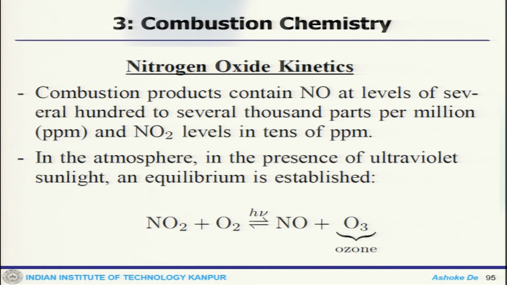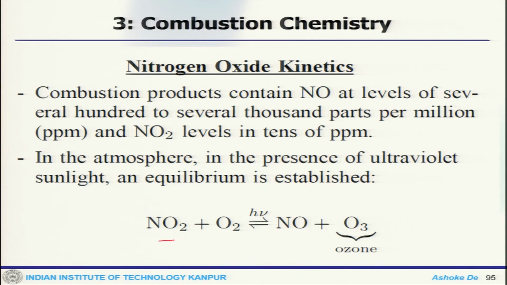It is not that in any normal combustion process you get to see NO; to get NO you need a certain level of process conditions. But no matter what, the presence of NO is a serious health hazard and environmental concern.